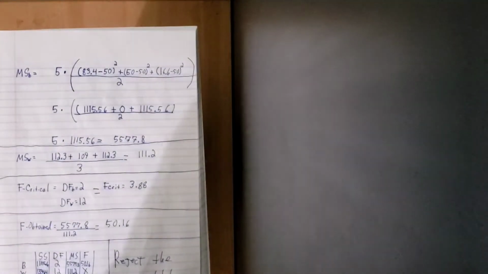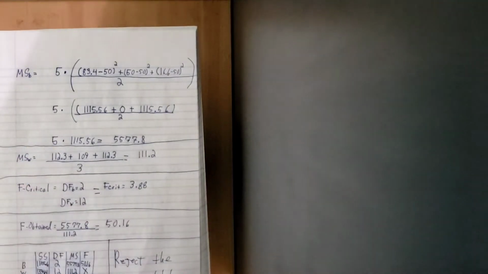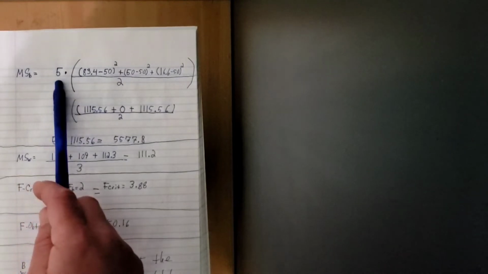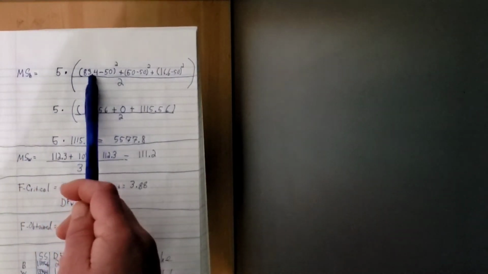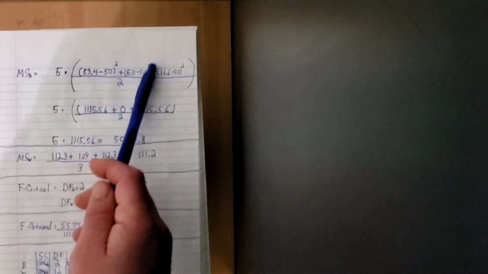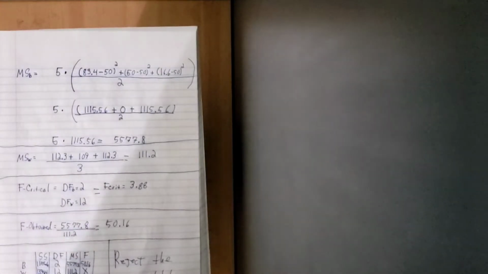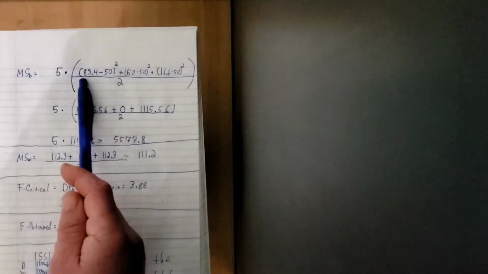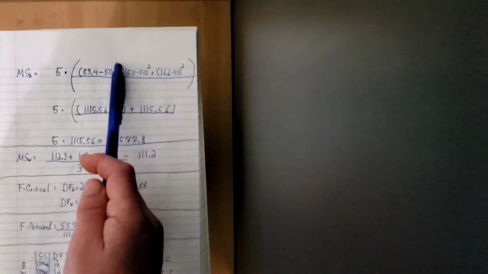So the first thing we're going to do is get mean squares between. Okay? And that's simply n per group times the deviation of each mean from the grand mean squared, divided by 2. So the best way to do this is to get the deviation squared first.